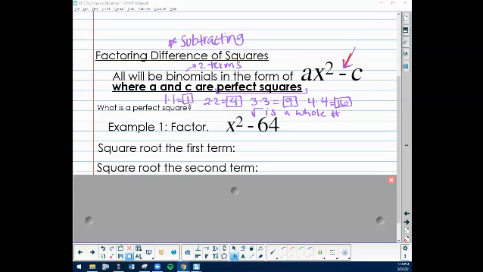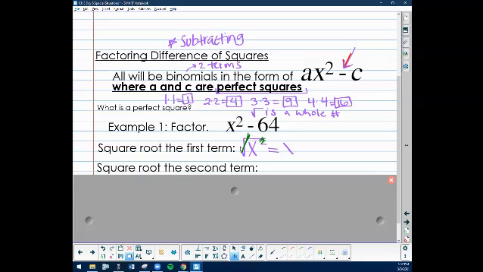If you square root x squared, and you'll definitely learn this in Algebra 2, just like addition and subtraction are opposite operations, the square root and the square are opposite operations, and that leaves me with just x.